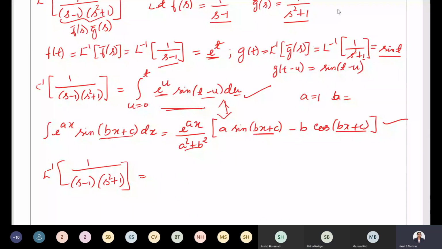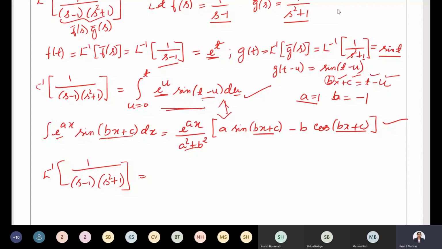In place of e power ax, we have e power u. And here u is the variable, that's why a equals 1. Now compare sin bx plus c with sin t minus u. Here t and c are constants, and b is the coefficient of the variable. So what is the coefficient of u? It is minus 1. So that's why the value of b is minus 1.